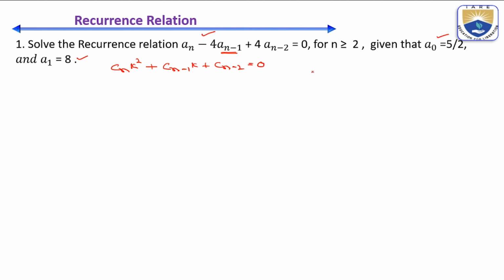See what the standard form is: c_n a_n + c_{n−1} a_{n−1} + c_{n−2} a_{n−2}. This is the standard form.